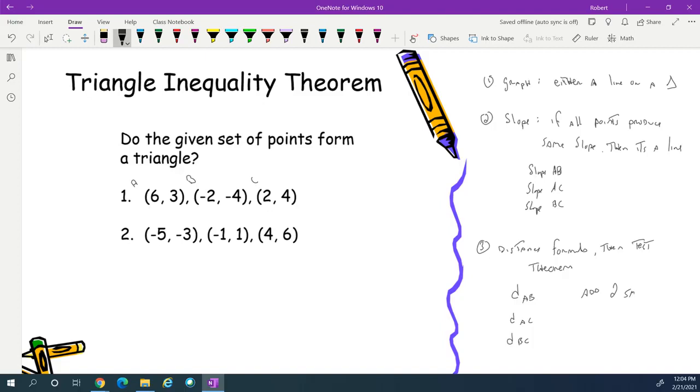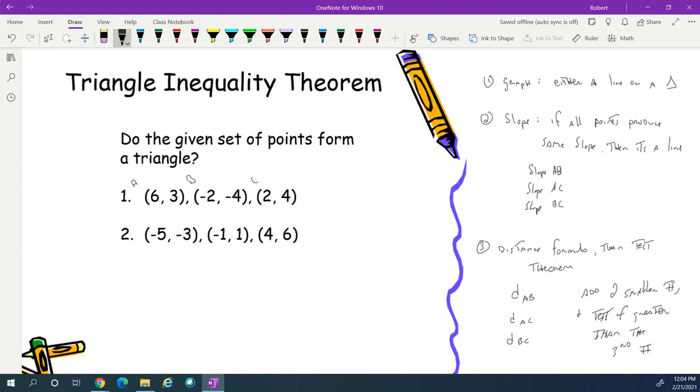Add the two smaller numbers and test if it's greater than the third number. Now option 3 is the one that we've done this entire lesson. We added the two smaller numbers to see if it was greater than the third number. But here we would have to do distance formula just to get those numbers.